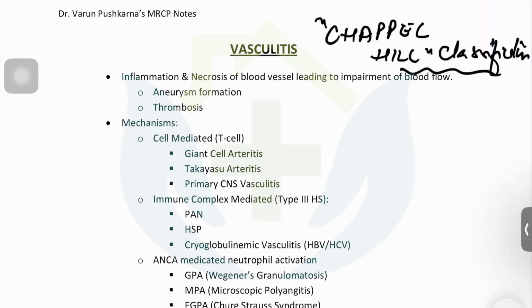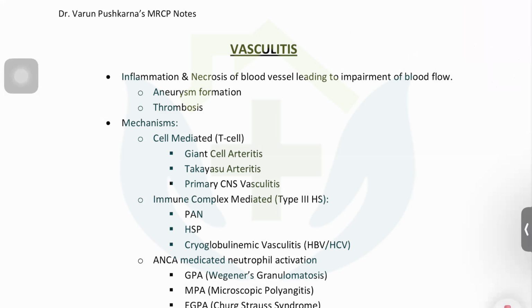If you have not read it, you will not be very sure that Chapel Hill classification is used to classify vasculitis. Now, why do we need a classification? That is a very important thing to know. Because there are different types of blood vessels in the body. So there are arteries, there are veins, there are capillaries.